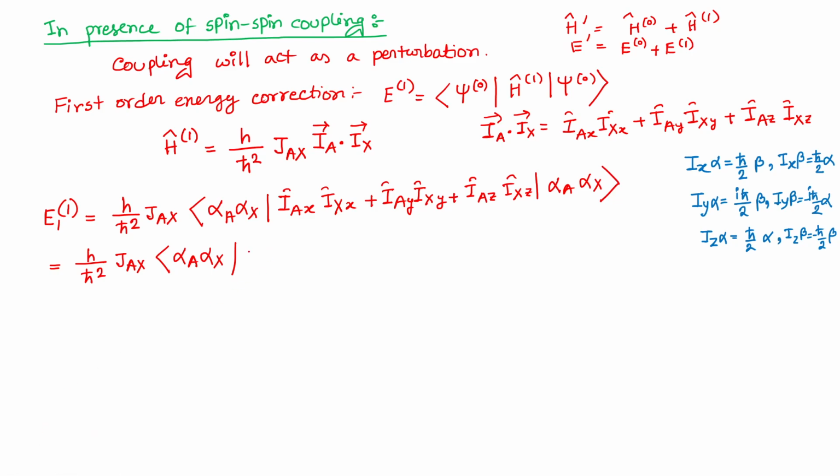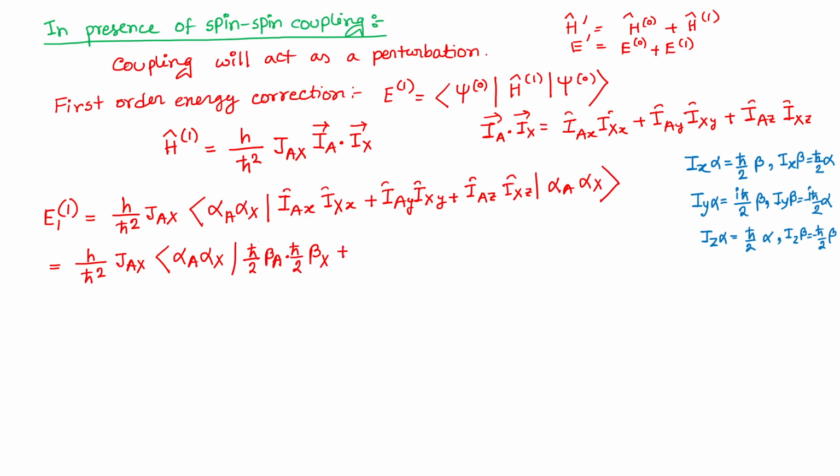So I_x, when operating on alpha A, will give you h cut by 2 beta A. What about when it is working on alpha X? It is going to give you beta X, along with h cut by 2.